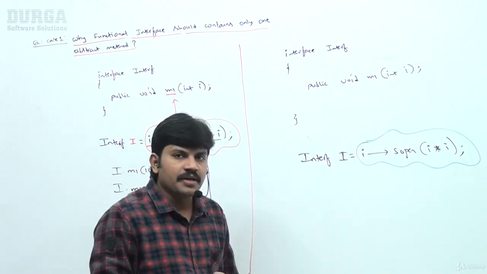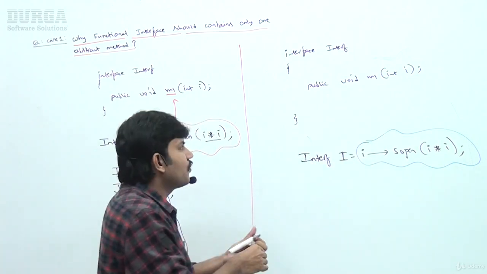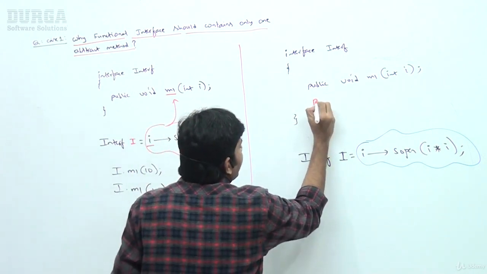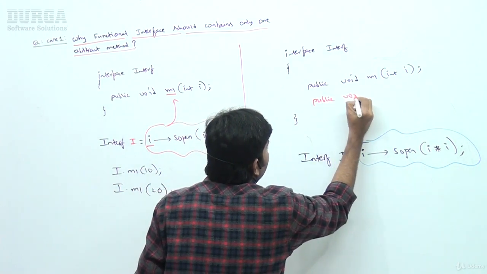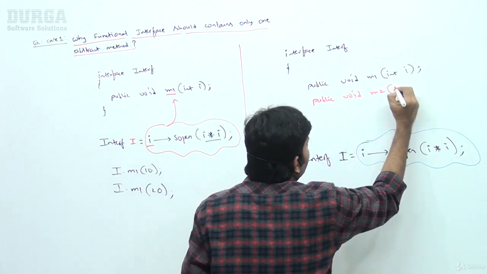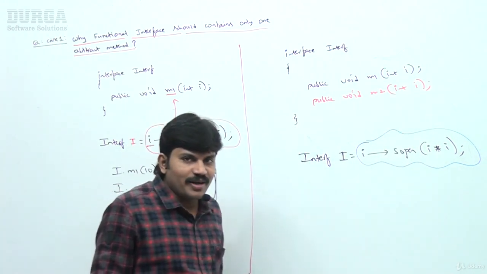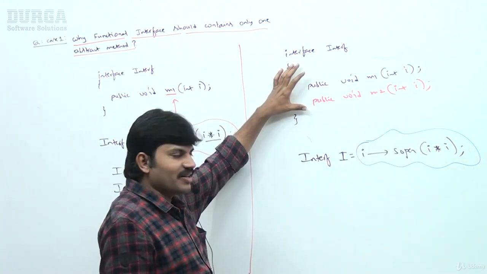By mistake, if I add one more method, public void m2 of int i, total how many abstract methods are there? Two abstract methods.